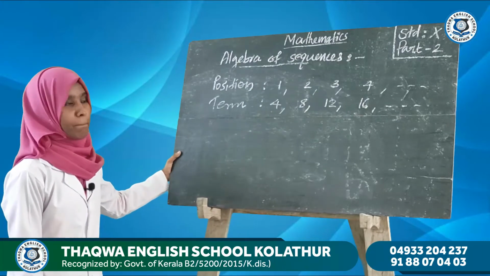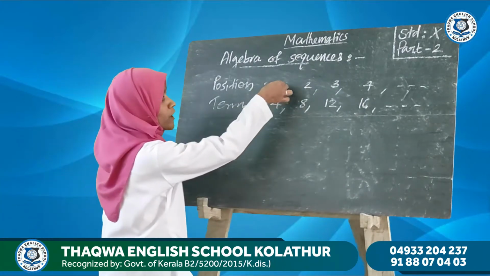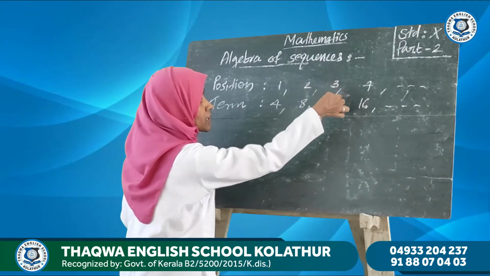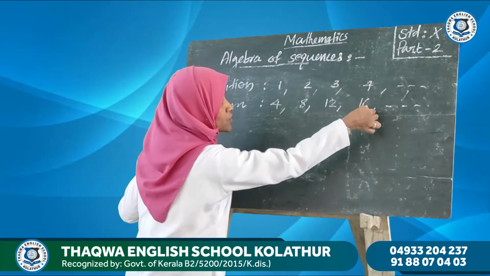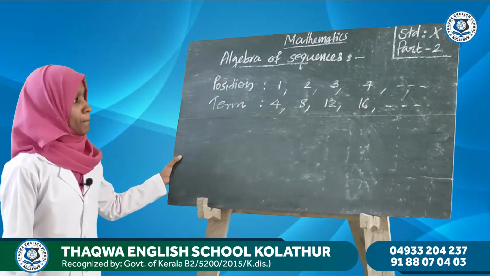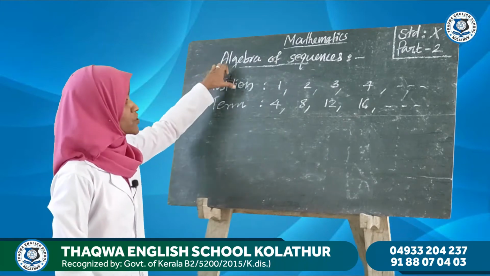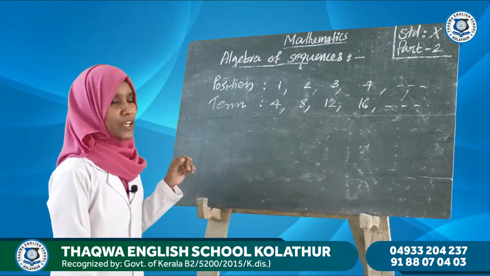Can you say 1, 4, 2, 8, 3, 12, 4, 16 and so on? Or any relation between this position and terms? Can you say?